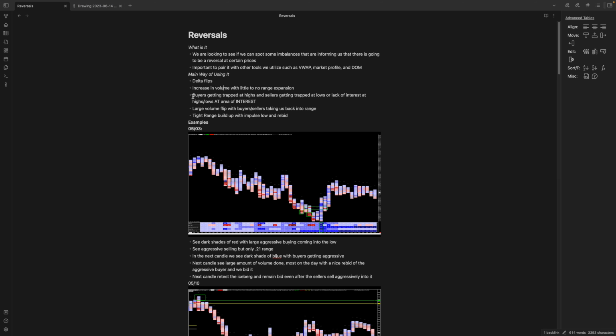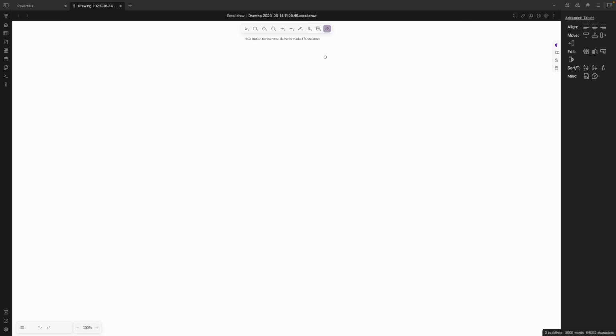Next up is an increase in volume with little to no range expansion. We'll pretend that this is our volume for our calculated values.